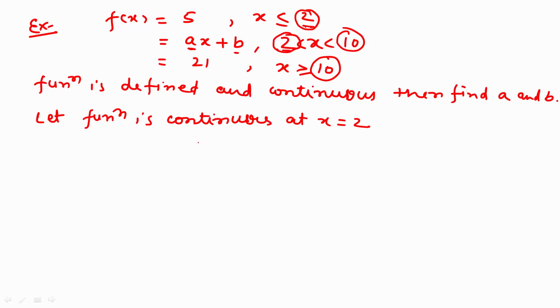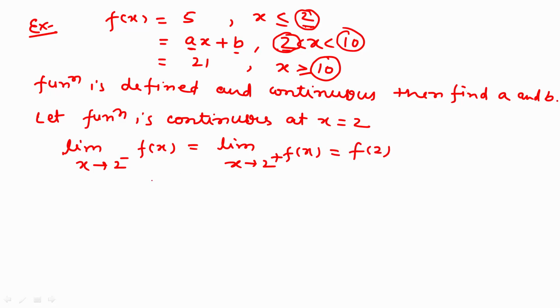If function is continuous at x is equal to 2, then limit x tends to 2 minus f(x) is equal to limit x tends to 2 plus f(x) is equal to f(2).